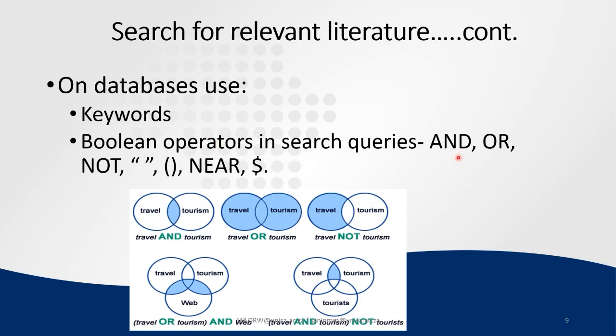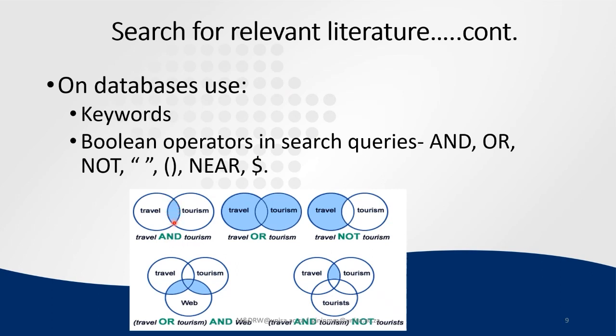So now we use these. I'll explain in a little bit. We use the word AND in capitals, like for instance, when you search the words travel tourism. If you do not put anything, you just type travel tourism on Google Scholar, it will give you results that include travel and tourism by default. It will put AND for you by default. And the results that you will get will be results that are in this intersection.